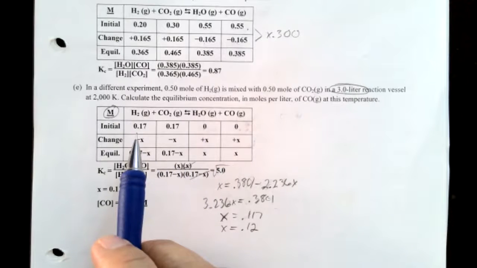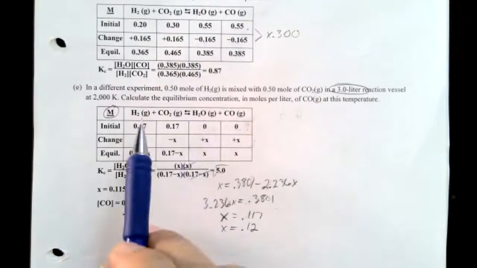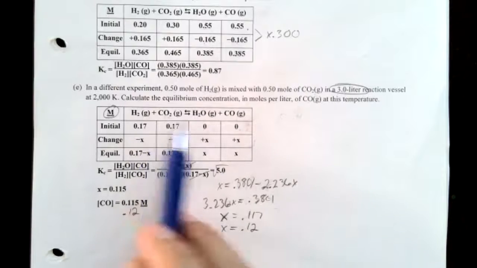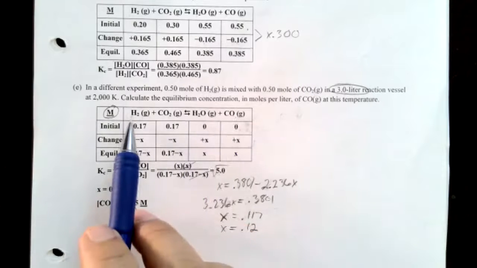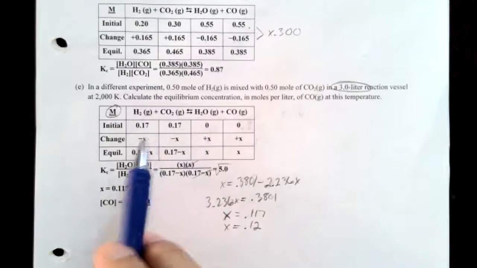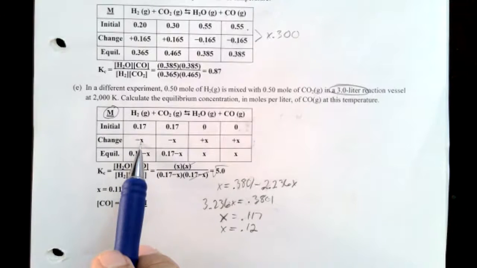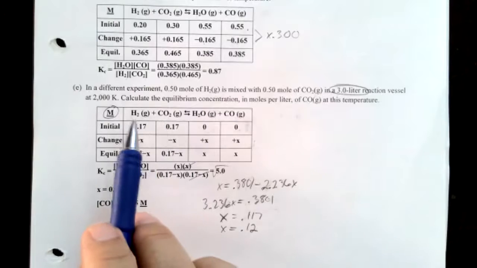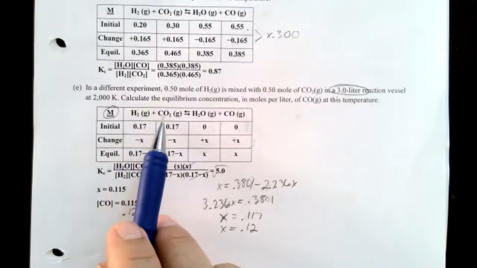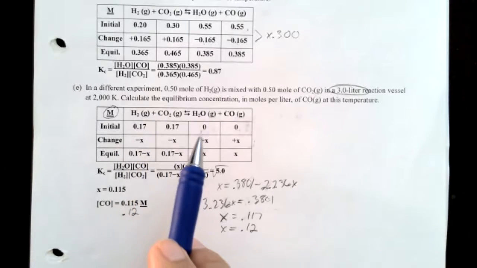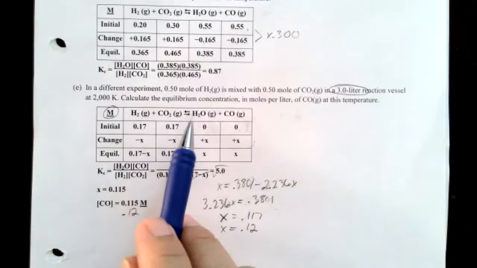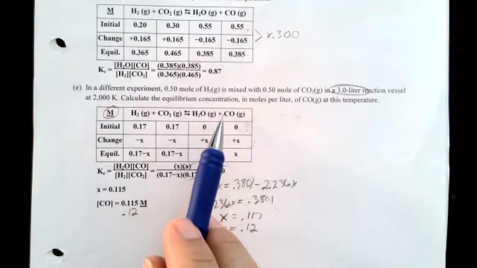The reaction can only go to the right because we only have reactants. So we will be losing these and gaining those. The coefficients are 1, 1, 1, 1. So we will lose some amount of this, an X amount. We'll lose the same amount of X of the other, because when you use one of these, you also use one of those. And when you use one of these, you get one of those, and you get one of those.